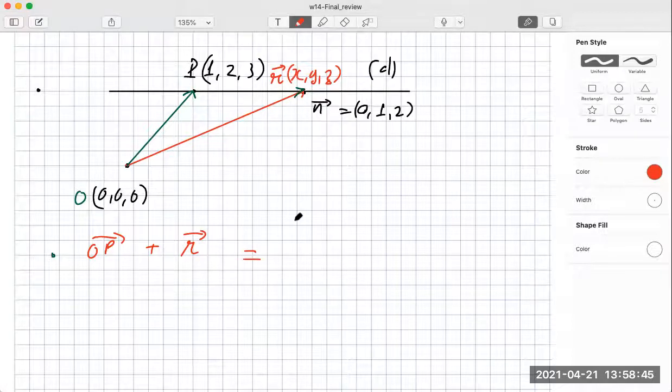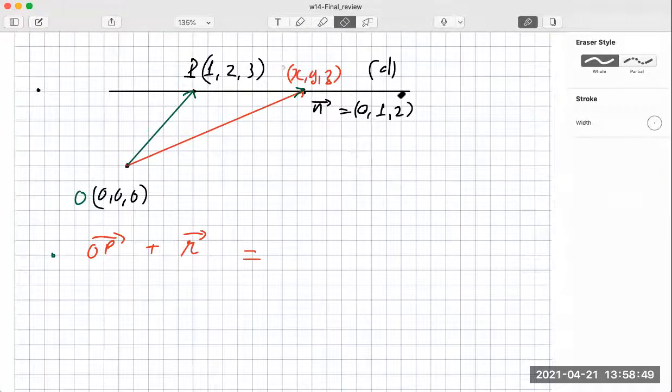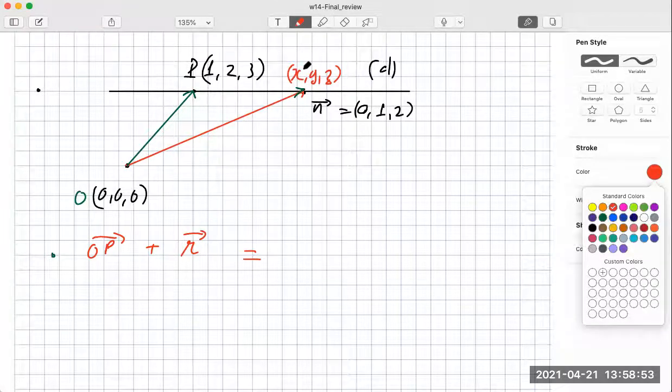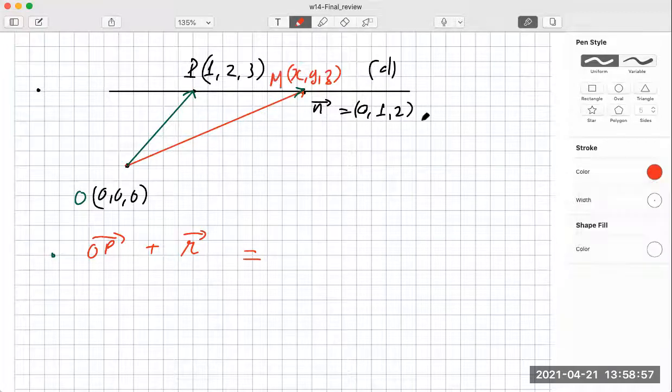Let us name it. I think it's better to use the name. Let us call it, like Alok suggested, let us write PM here. It will be the vector OM, right?